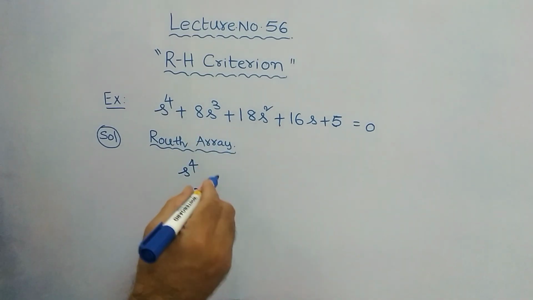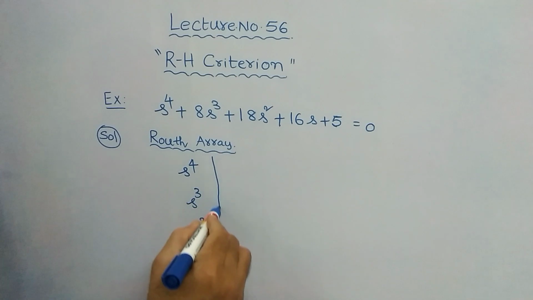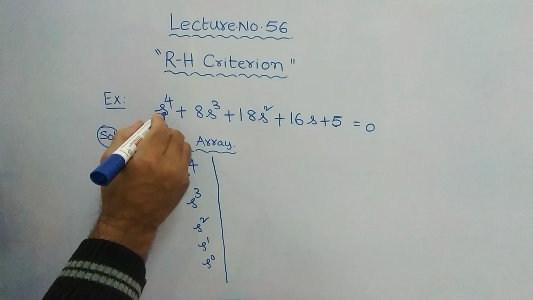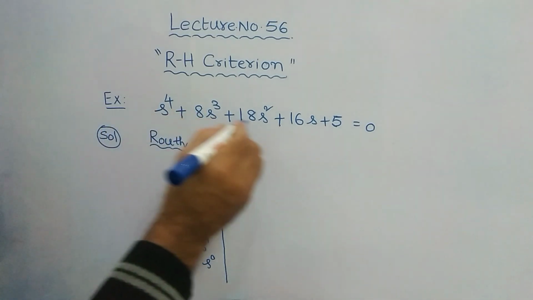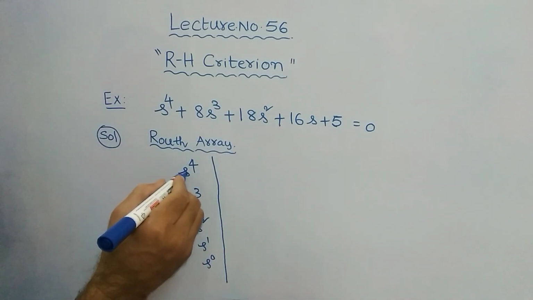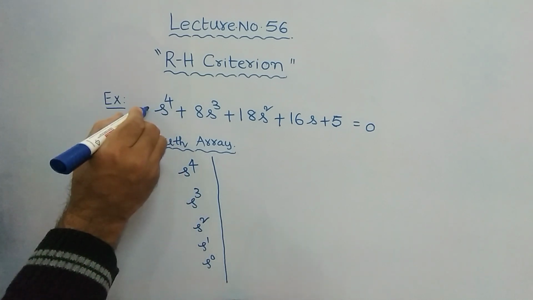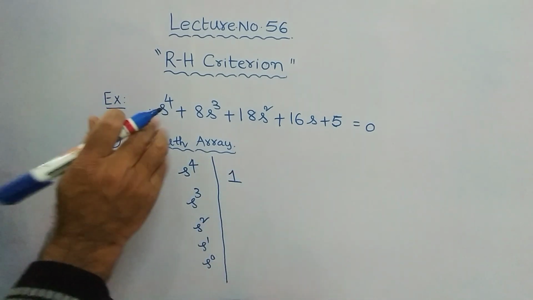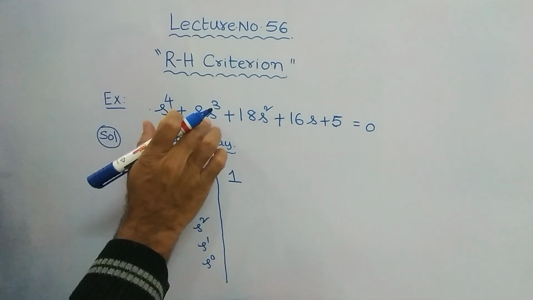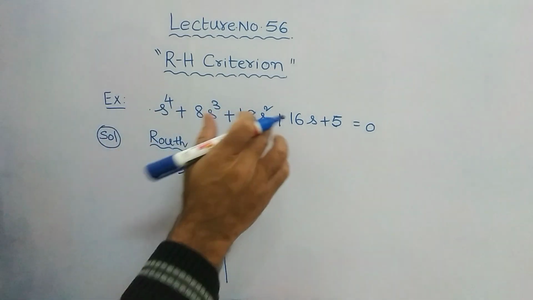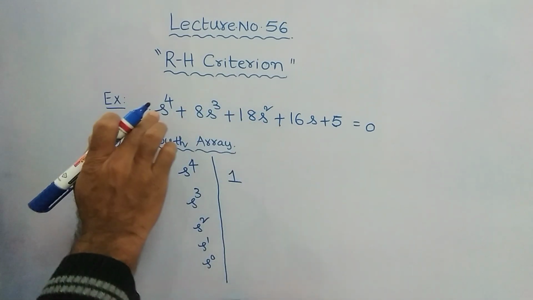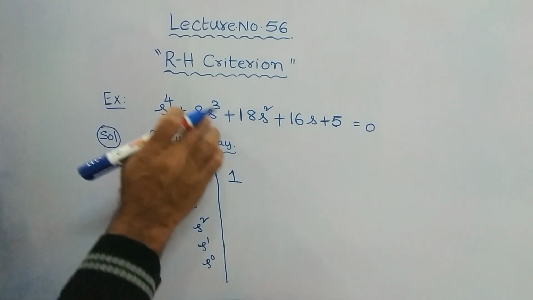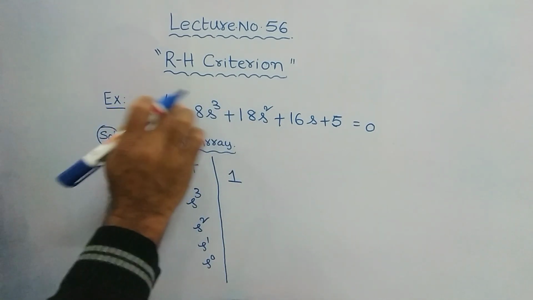Clear? Now you draw a line like this. Now, consider the coefficients of these various s values. Let us take s power 4. What is the coefficient of s power 4? It is 1. Take 1 and ignore the next one, that is, you must write the alternate coefficients. So, ignore the s cube and go for the alternate, that is 18.